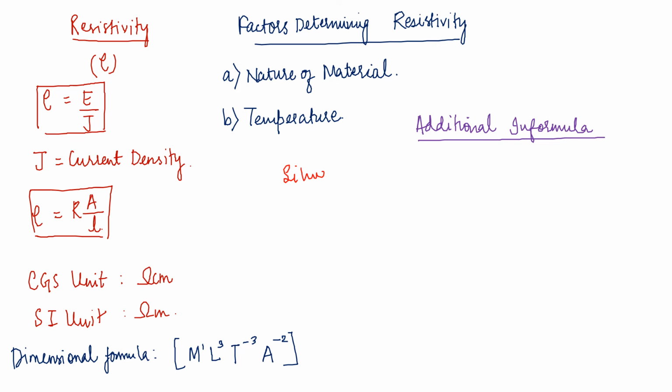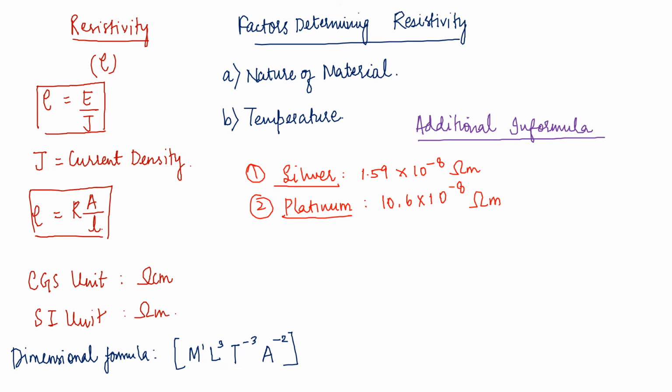For silver, it is 1.59 into 10 to the power minus 8 ohm meter. Then for platinum, it is 10.6 into 10 to the power minus 8 ohm meter. See the range, it is all 10 to the power minus 8. So these are inert metals.